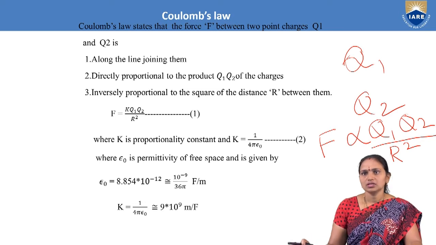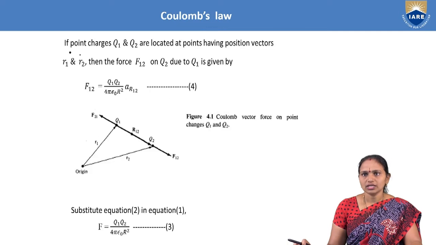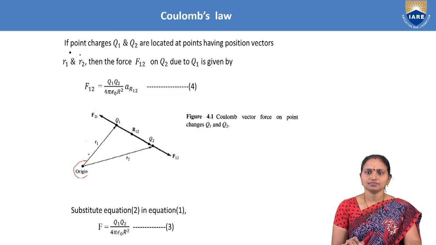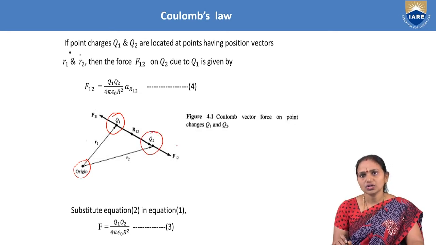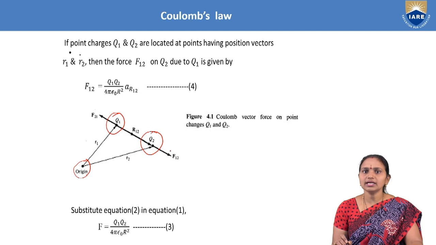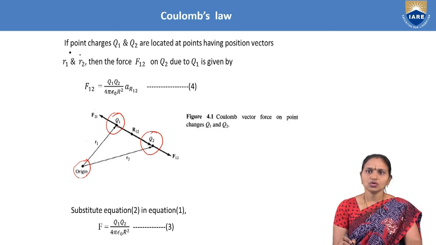Now if we take two charges, here this is the origin point. This is the Q1 charge and this is the Q2 charge. Both the charges Q1 and Q2 are located at distances of R1 and R2 units. Q1 is at a distance of R1 from the origin and Q2 is at a distance of R2 from the origin.